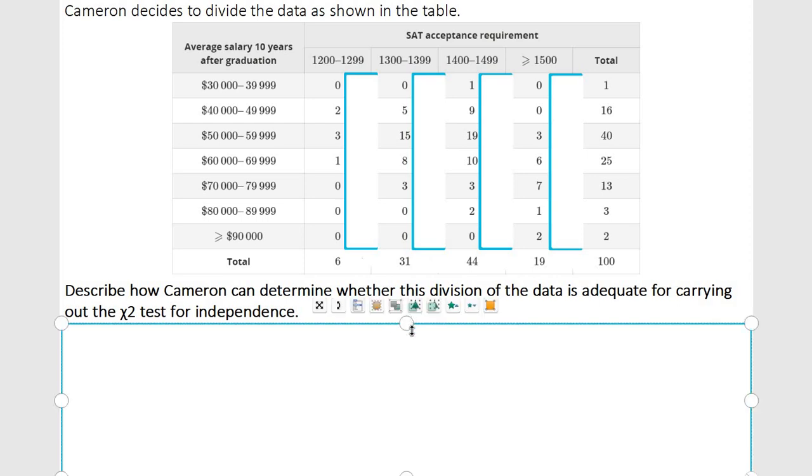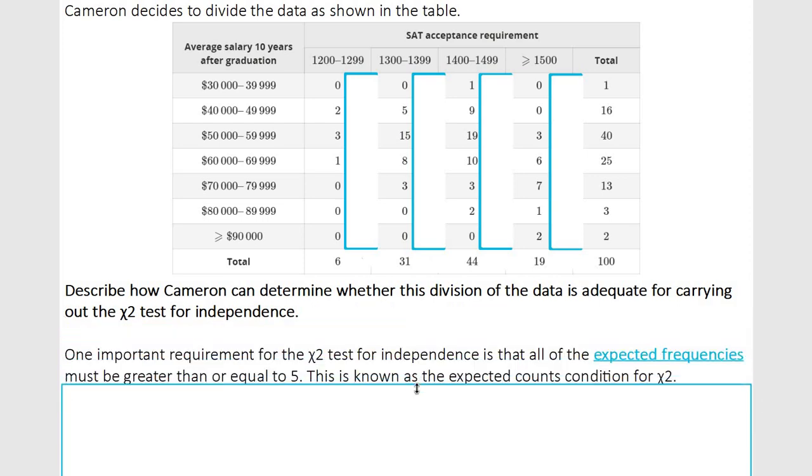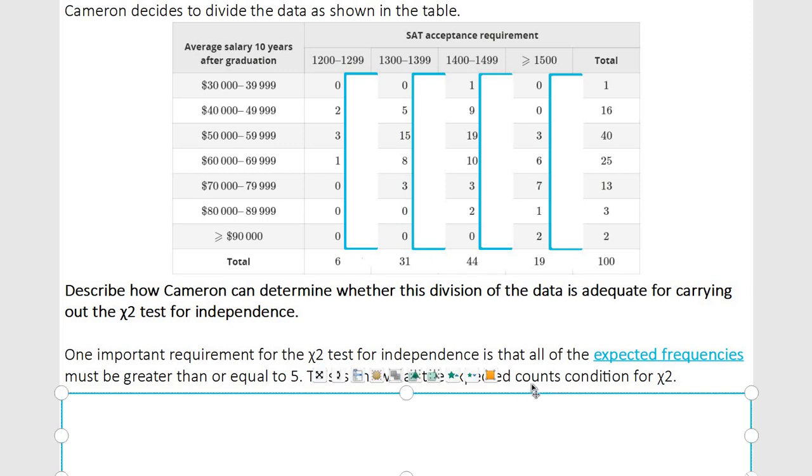Cameron needs to determine all the expected frequencies. They need to be greater than or equal to 5. That's known as the expected counts condition. So here we do the expected counts for each one. We take the row total times the column total over the absolute total, and that gets that top one. 16 times 6 divided by 100 is 0.96.